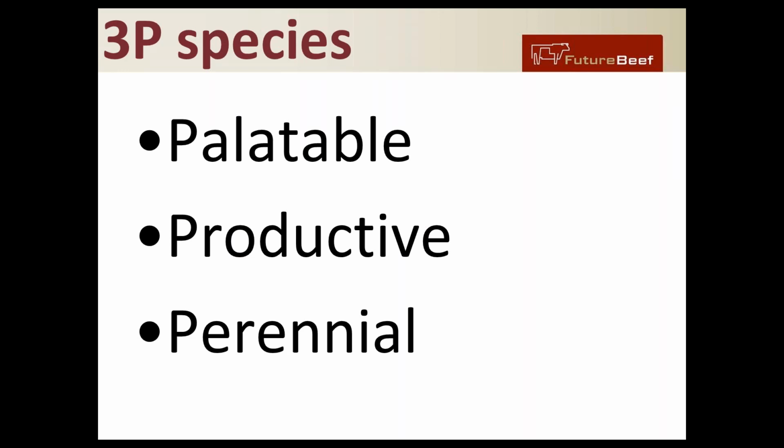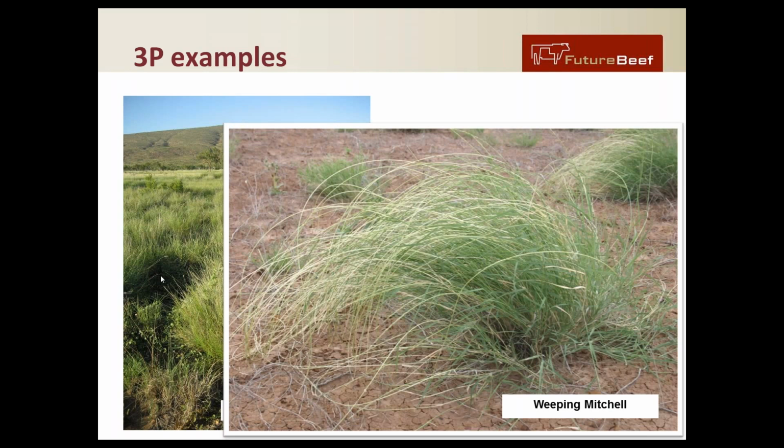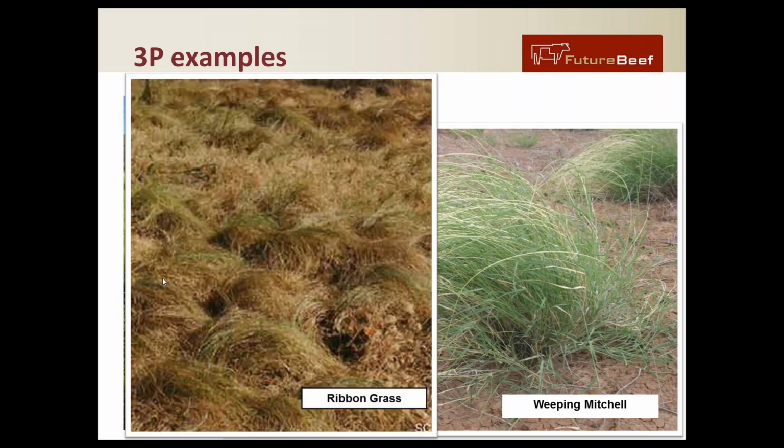Examples of such native, palatable, perennial and productive pasture species, yes, that is a mouthful, include Mitchell grass, the Astrebla species, curly bluegrass, and of course ribbon grass. Others include native millet and kangaroo grass as well, just to name a few local examples.